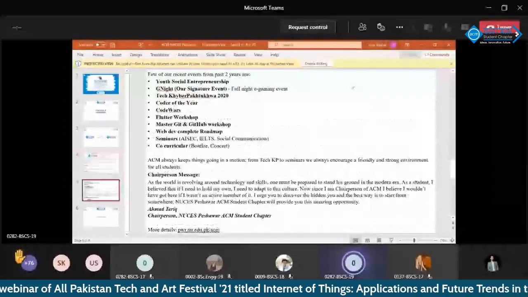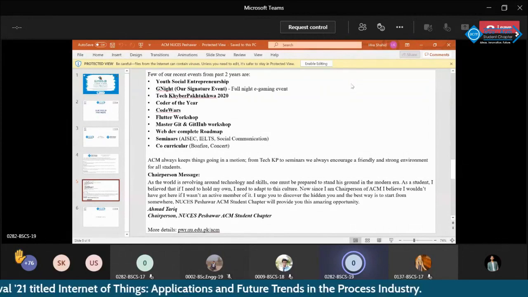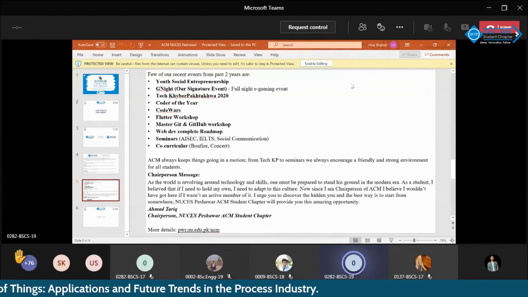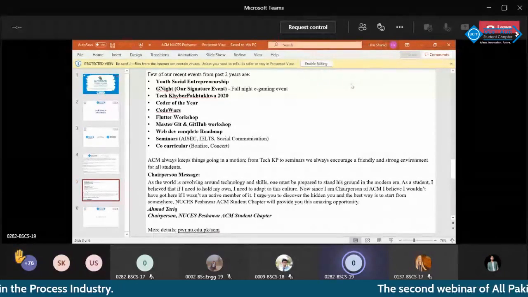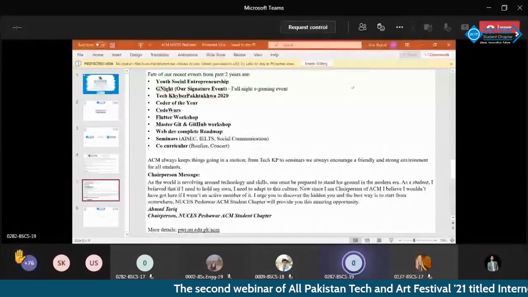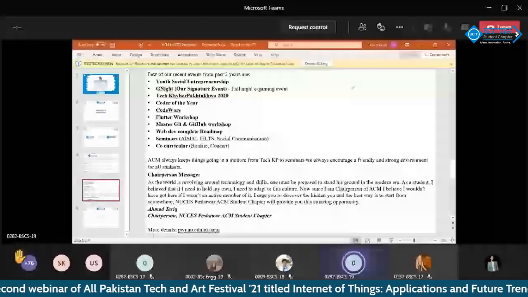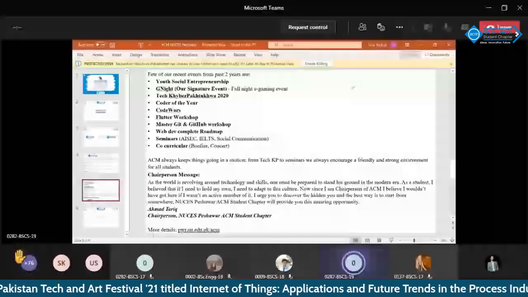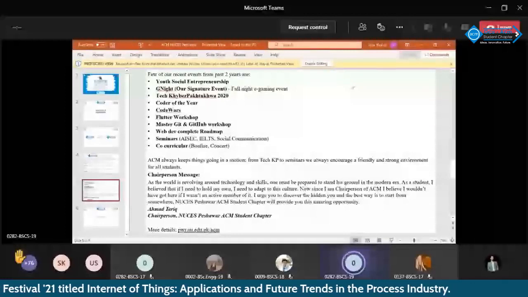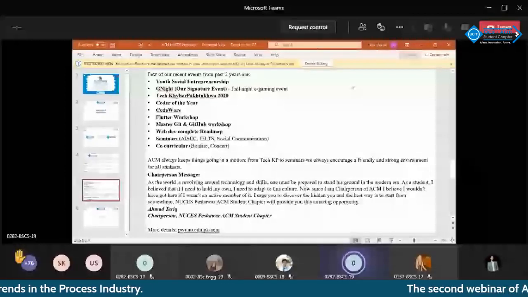A few of our recent events from the past two years are Youth Social Entrepreneurship, G-Night, our signature full-night e-gaming event, Tech Khyber Pakhtunkhwa 2020, Coder of the Year, Code Wars, Flutter Workshop, Master Git and GitHub Workshop, WebDev Complete Roadmap, Seminars, AIESEC, IELTS, Social Communication, Co-Curricular, Bonfire, Concerts.